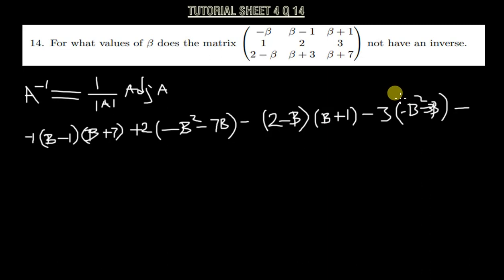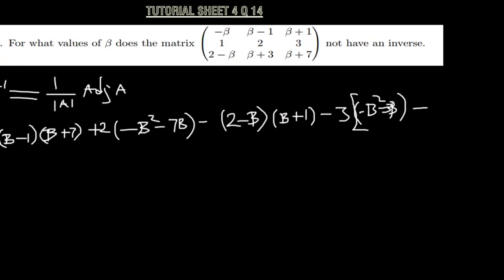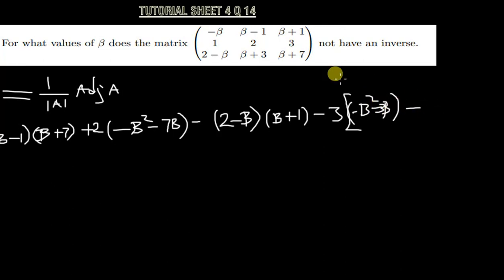Then this is going to be minus. So I'll open the brackets like that, then this will be minus (beta minus 1) times (2 minus beta).